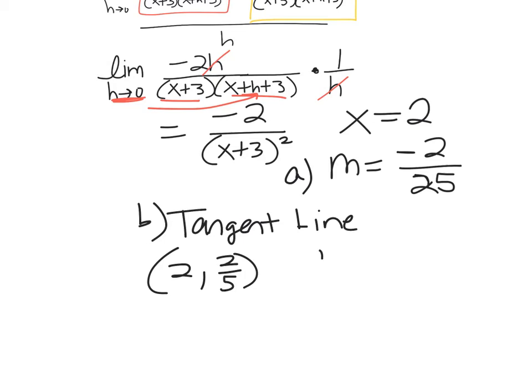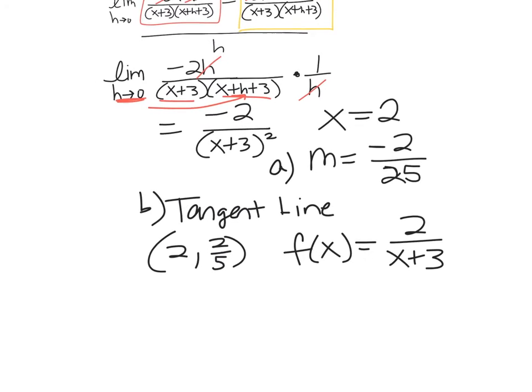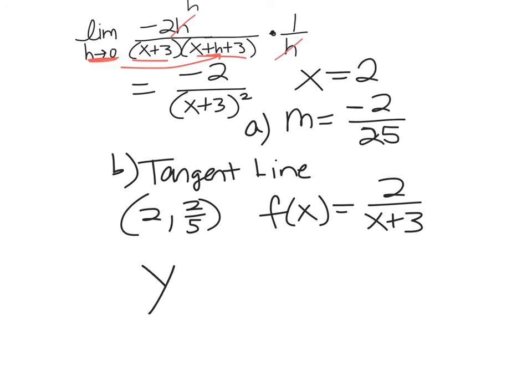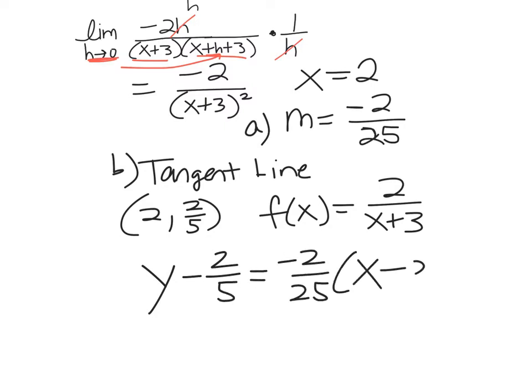My original function is 2 over x plus 3. So to find the y value that goes with x is 2, you plug it in and you get 2/5. So the tangent line would then be y minus 2/5 equals -2 over 25 times x minus 2.